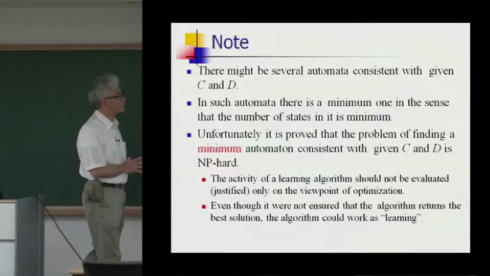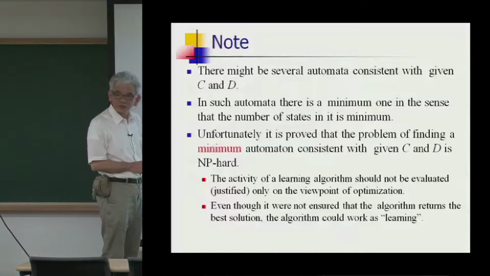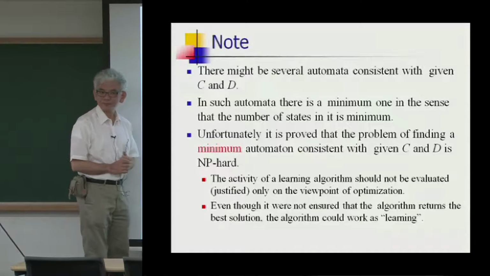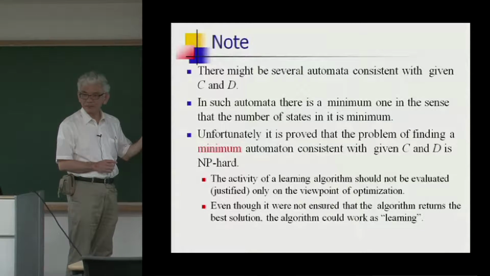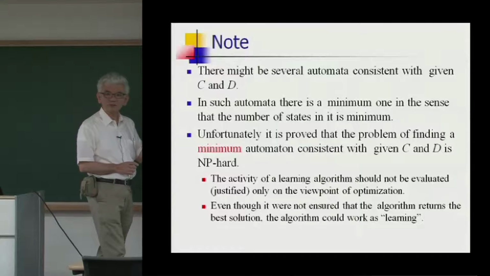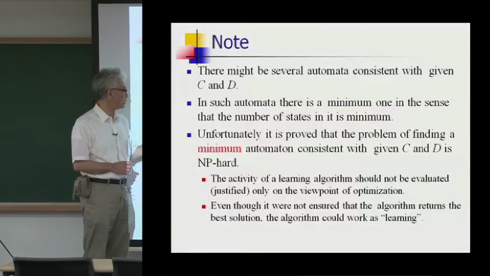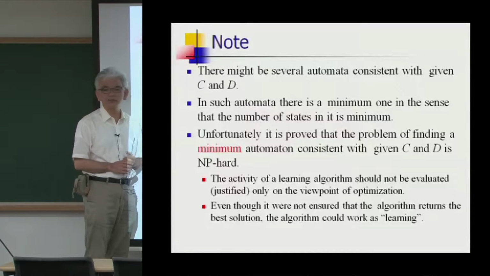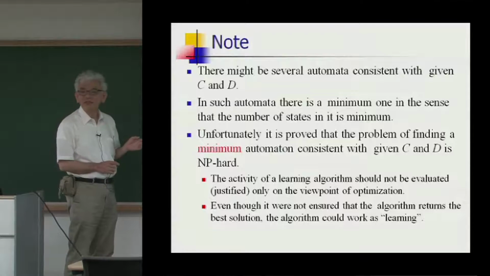So, among such automata, there is a minimal one in the sense that the number of states in it is minimal. But unfortunately, it is proven that the problem of finding a minimal automaton consistent with a given pair of examples is NP-hard.